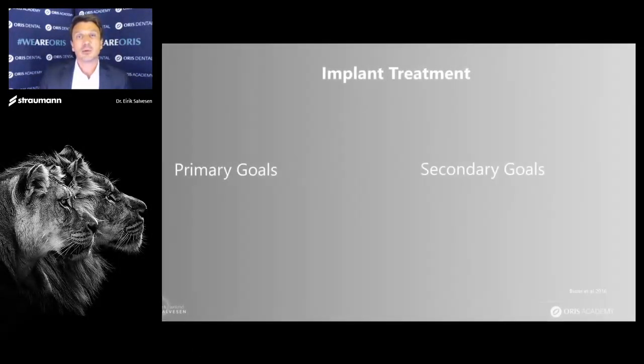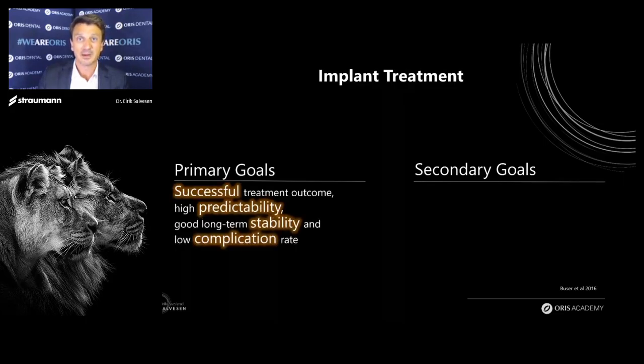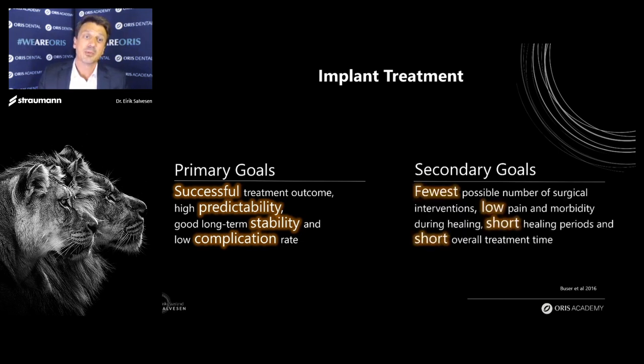So no matter what we talk about in implant dentistry, we need to keep in mind that there is a primary goal within implant therapy in itself. The primary goal of implant therapy will be successful treatment outcome, high predictability, good long-term stability, and low complication rate.